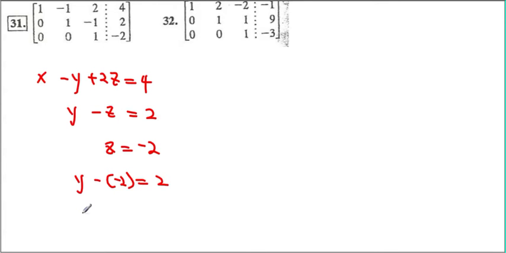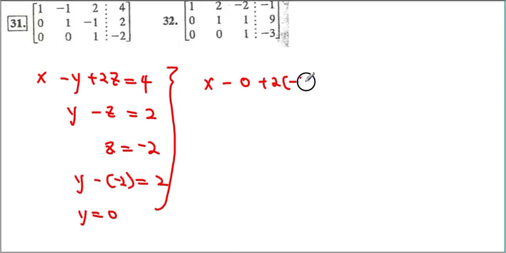Then you realize that y is equal to 0. By plugging these two values in, we'll get x minus 0 plus 2 times negative 2 is equal to 4. Then x will be equal to 8. That's how we can do it.